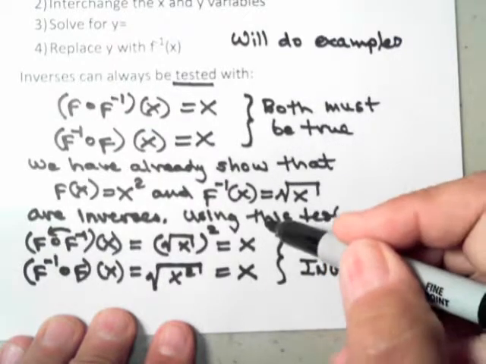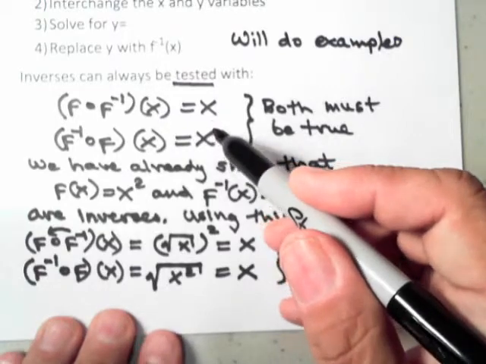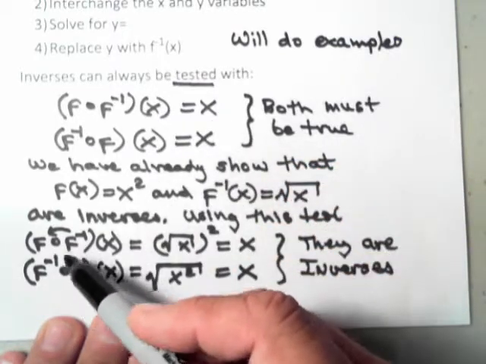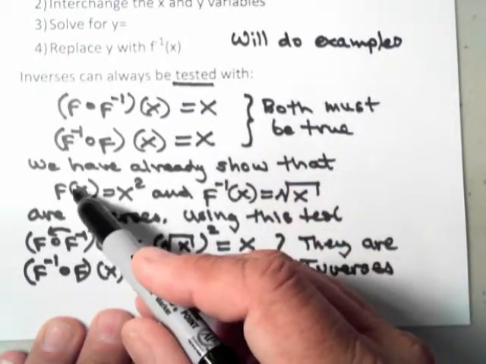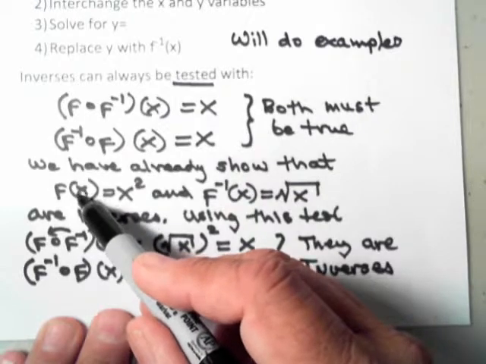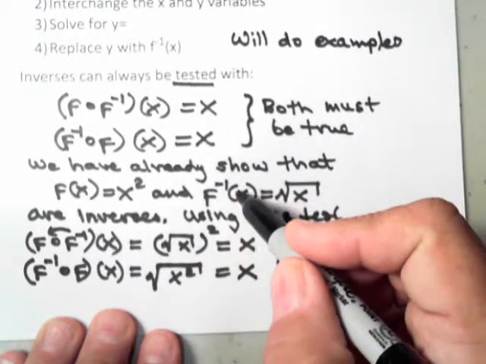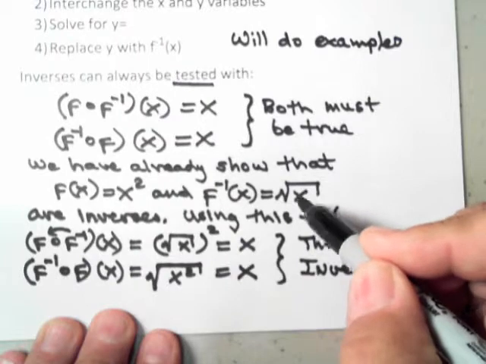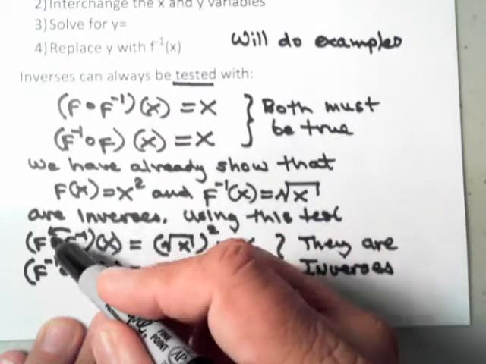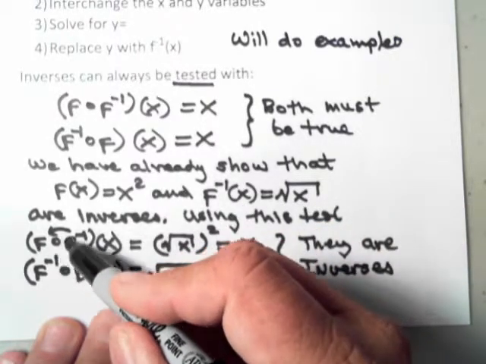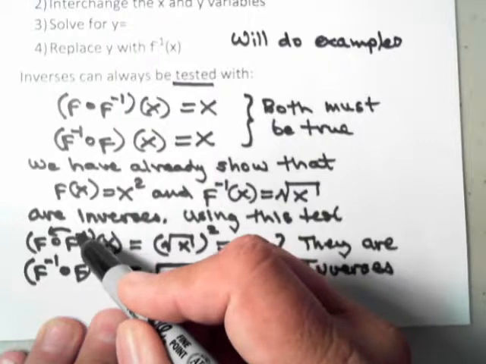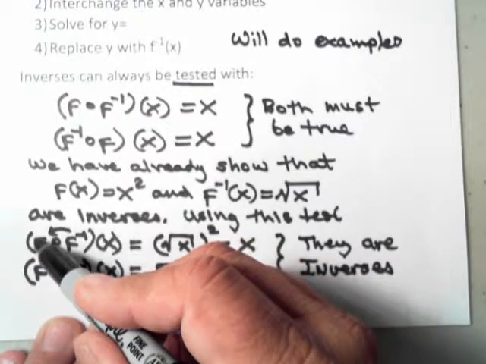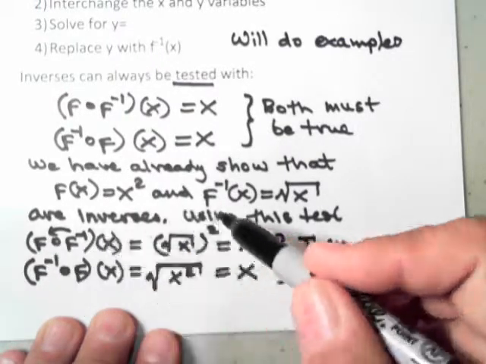Okay, but using this test, here's what we have to do. Let's assume that we're going to keep the f of x to be x squared and the f negative 1 of x to be square root of x. And so you have to have f composed of f negative 1. That means the f negative 1 is going to be plugged into the x.